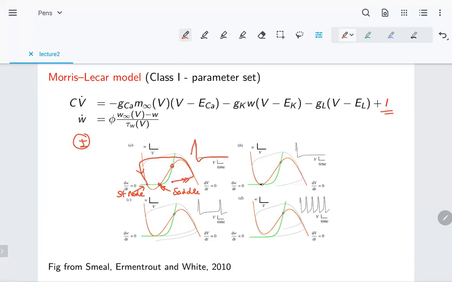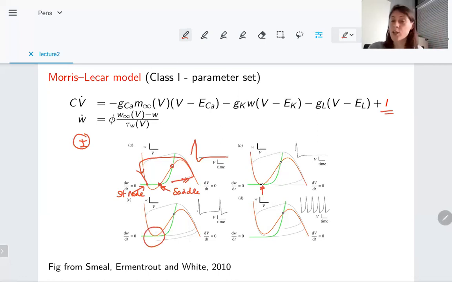But then as we increase the value of I applied, what happens now is that the saddle and the node that I had here get closer and closer and then coalesce here. And then if I increase the I applied even more, they disappear. So we don't have an intersection of the null lines here anymore, and they intersect only at this equilibrium point.